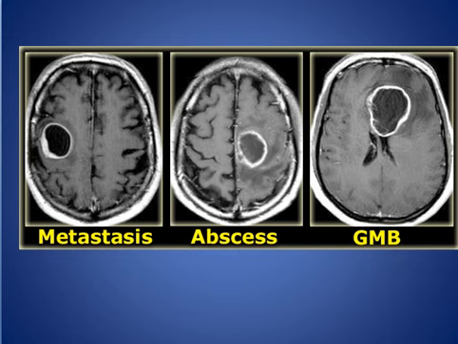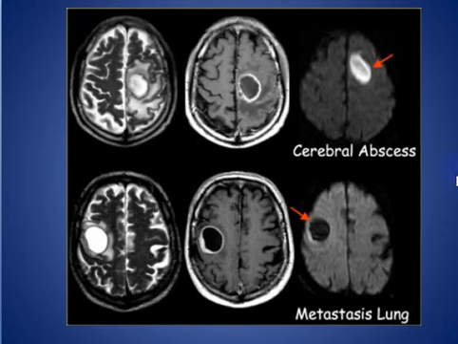Here is the differential diagnosis of glioblastoma. We have the abscess and the metastasis. These are the main differentials. In the abscess, we have restricted diffusion, and the abscess has a thin wall with edema, as we said, but it is a smooth wall.